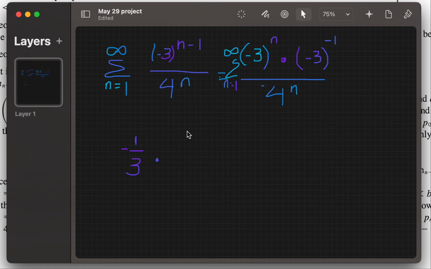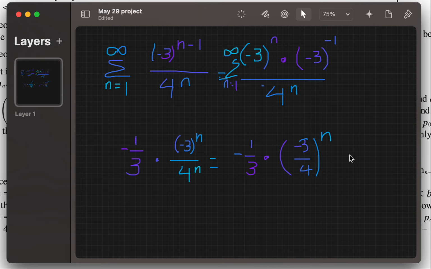Now you have negative 1 over 3 times negative 3 to the power of n over 4n, which is equal to negative 1 over 3 times negative 3 over 4, all to the power of n.